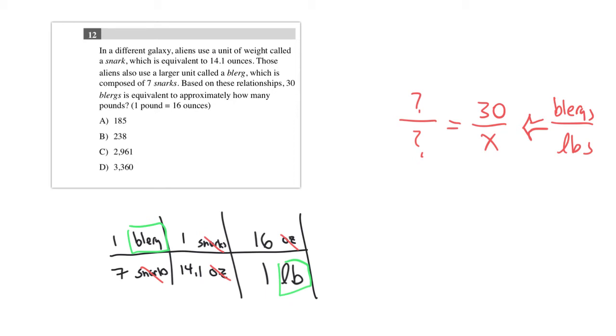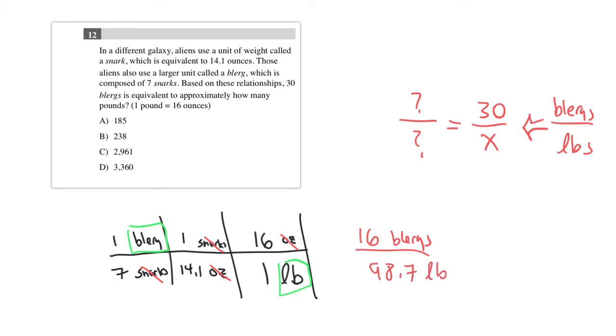And when we multiply straight across, we're going to have, looks like it's 1 times 16, which is 16 blurgs. And down below, we're going to have 7 times 1, 14.1 times 1, and that's going to be 98.7 pounds.